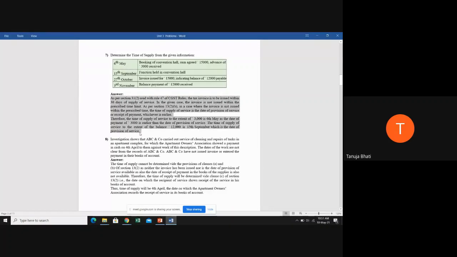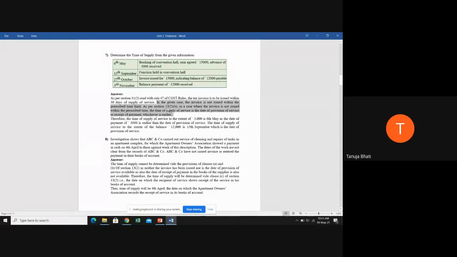Then I'll take you back to the provision. As per section 31 subsection 2, the tax invoice is to be issued within 30 days from the supply of service. So section 31 is the time limit for issuing the tax invoice. Now, in the given case, the invoice is not issued within the prescribed time limit.